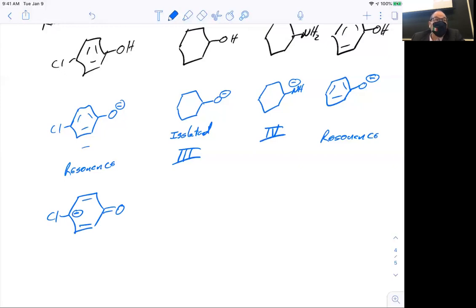Inductive effect still has to go through the sigma bond. It is going through the sigma bond, but I've delocalized the negative charge to the carbon next to that electronegative group. Okay, so that means this is going to be more stable because of inductive, which makes this the most acidic and that the second. Okay.